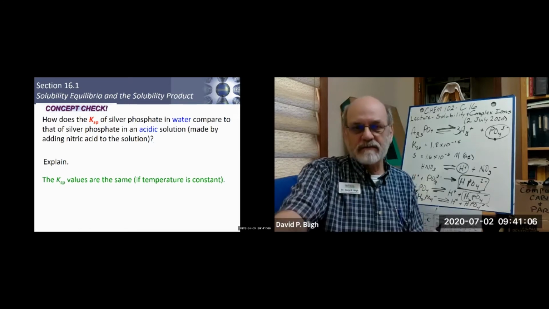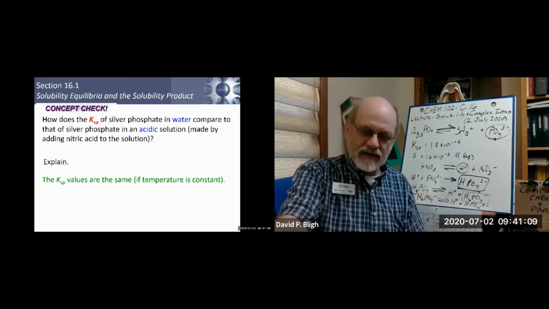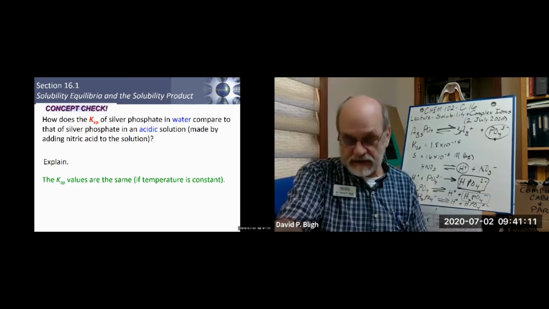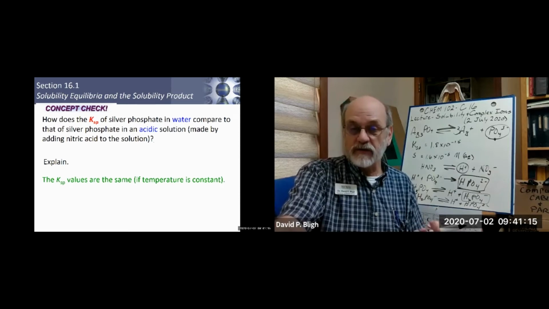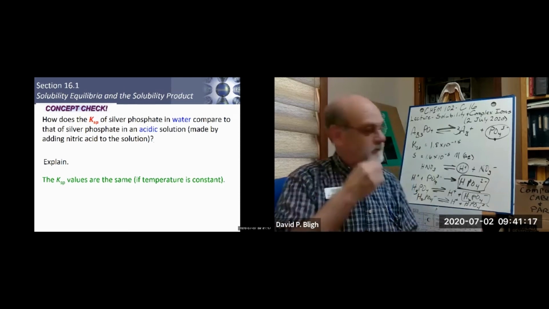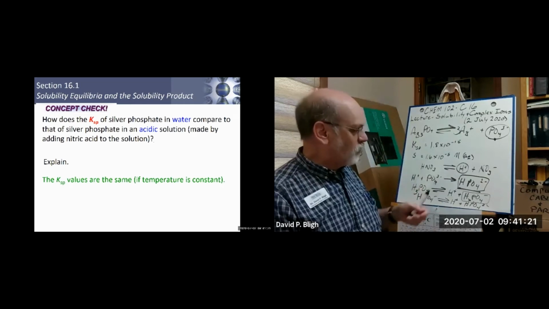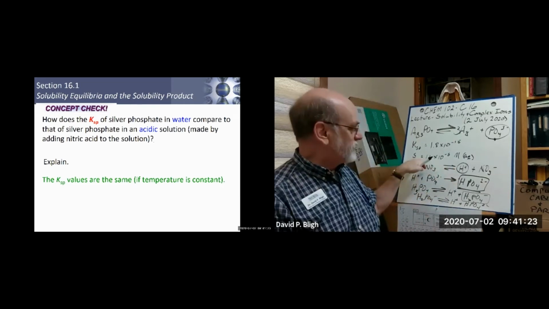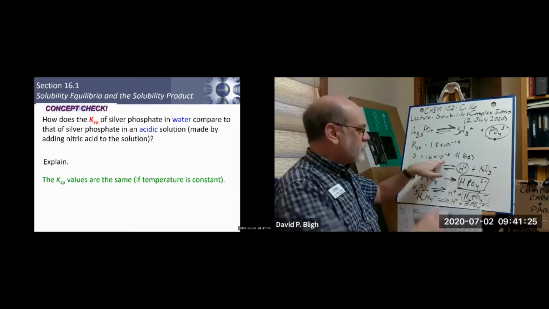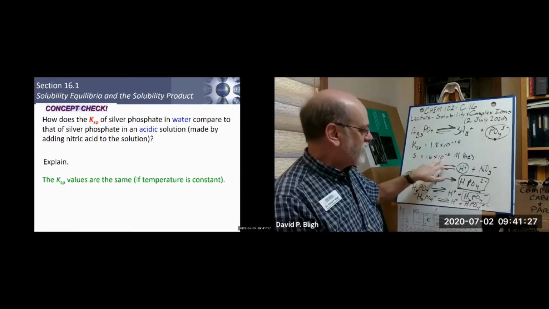What we did on the previous slide, the solubility would increase, right? But the KSP of silver phosphate in aqueous solution does not change. It's a constant. What we have changed is the solubility, right? So this is aqueous solution only. That value would increase.